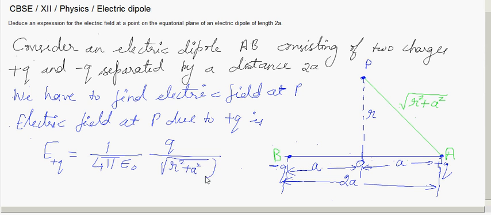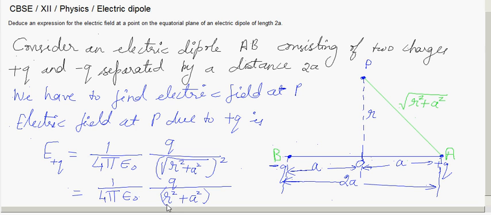So E plus q is 1 by 4 pi epsilon naught into q divided by the square of the square root of r square plus a square.